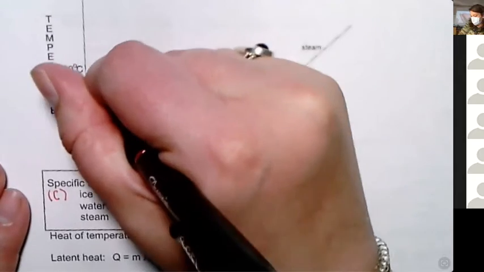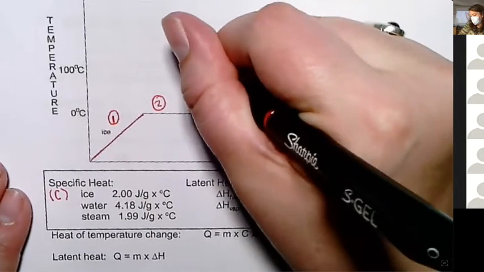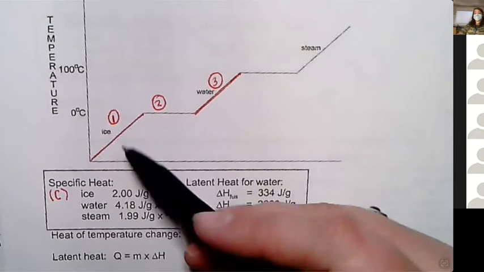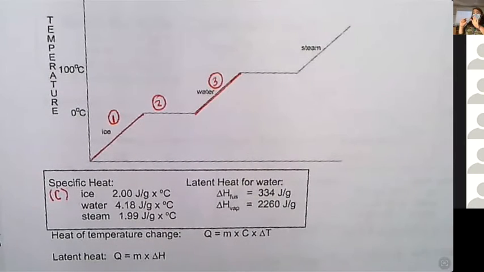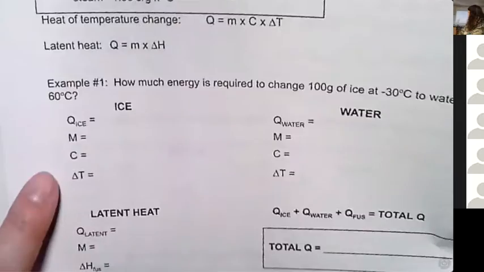I'm going to label this 1, 2, and 3. And I'll show you why in a moment, because we're going to be doing 3 different calculations. This is going to be 1, this is going to be the second one, and this is going to be the third.